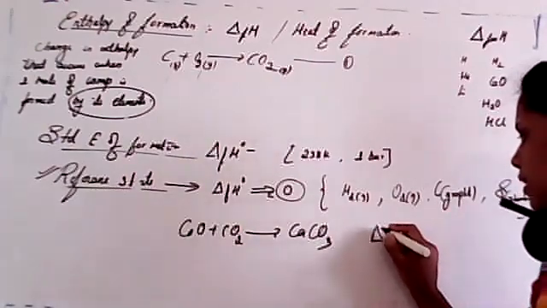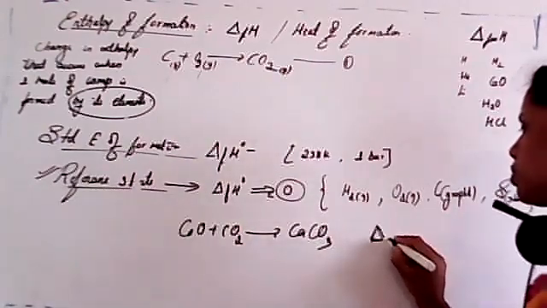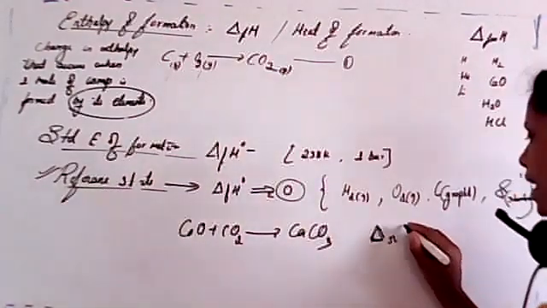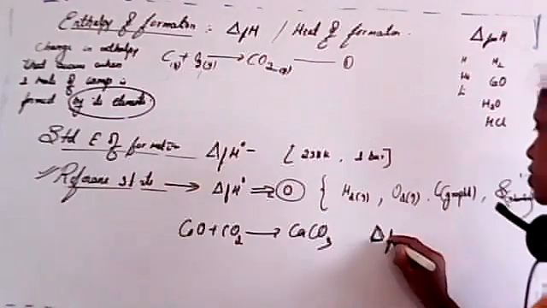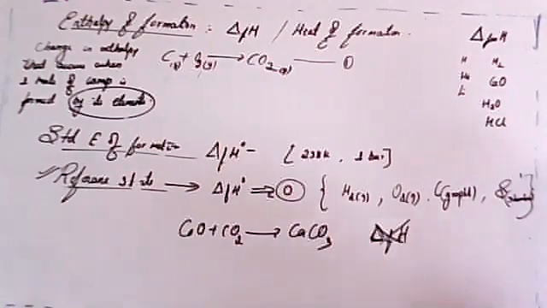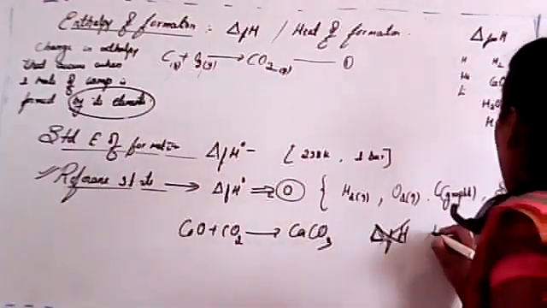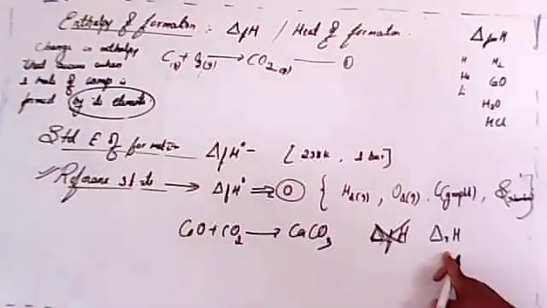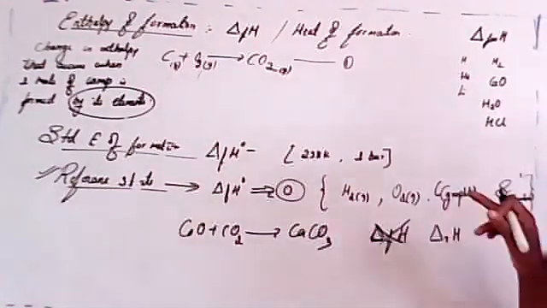So in this case, we don't use it as F, but we use it as R. It has a value, but we don't use it as F, we use it as delta RH. What do you mean by R in this case? Enthalpy of a reaction.